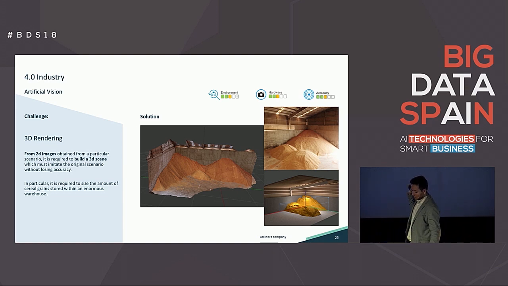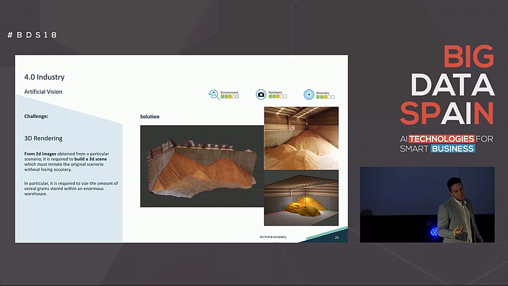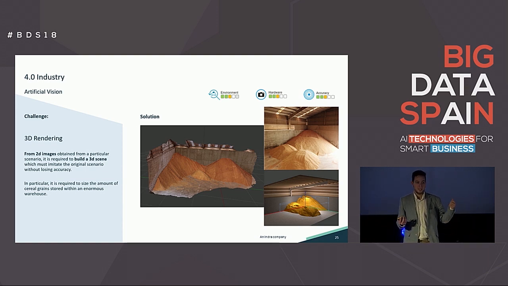Here, I told you that getting the input shouldn't be the problem. It was a problem in elections, and that might be the problem here. We were requested to get the size, a measure of a warehouse, so we just sent a drone.